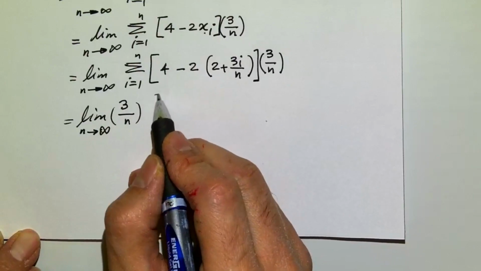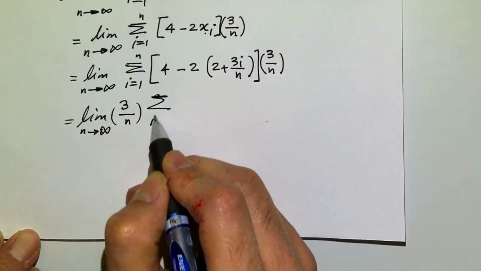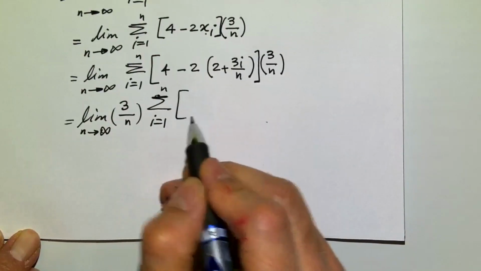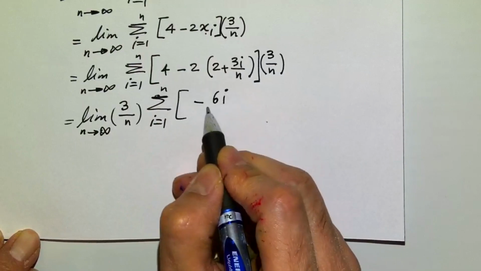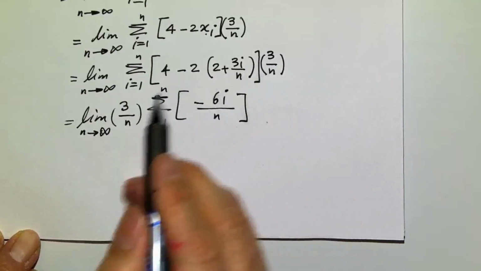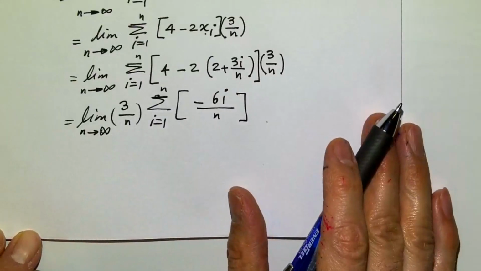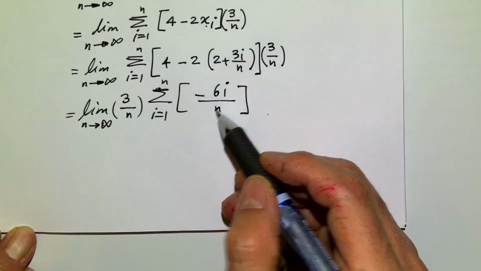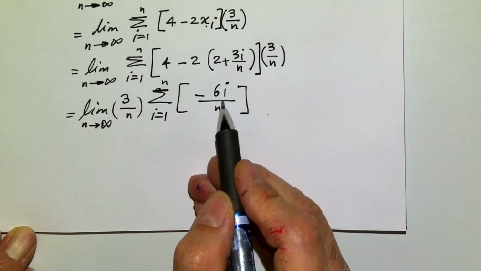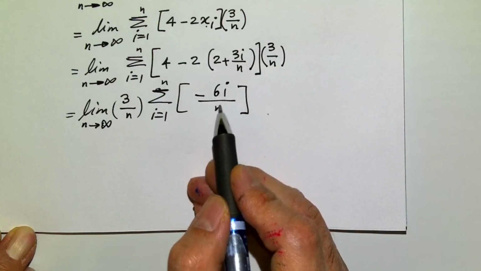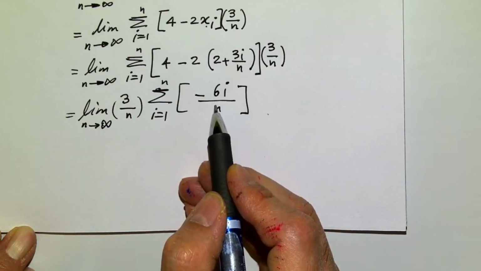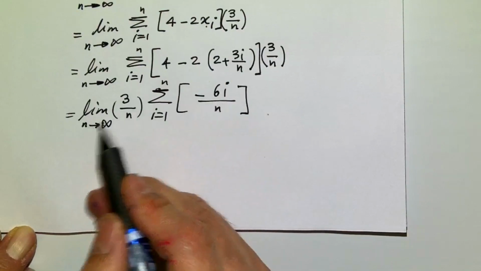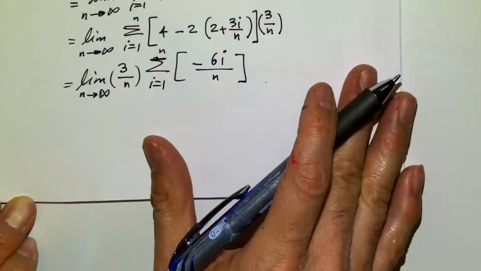So we end up with the sum from 1 to n of minus 6i over n, and the 3 over n is now in front. That's after simplifying. And then minus 6 over n can also be brought out because it has no i in it, right? Any piece of this in product form that doesn't have i in it can be pulled out of the sum. So let's do that.